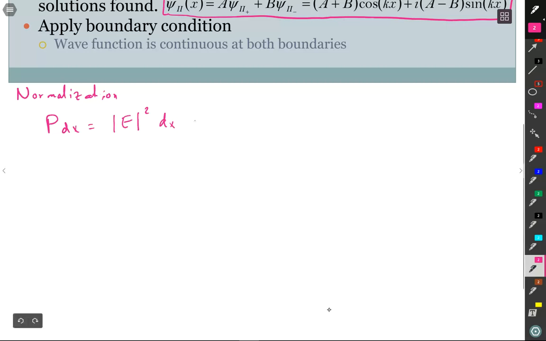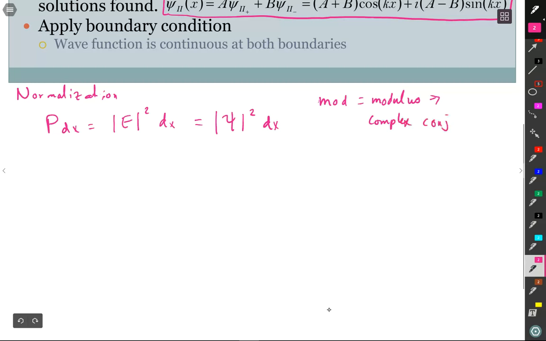Well, since the electric field was our wave function for an electromagnetic wave, for a matter wave it's still got to have the same relationship. So the probability of finding a particle at some point is psi, we say here mod squared. Mod is short for modulus.